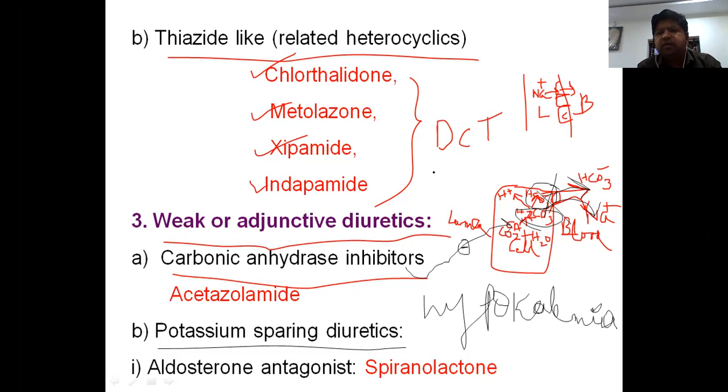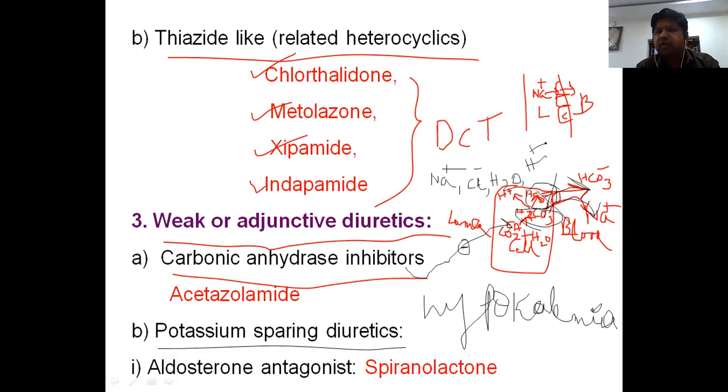First you should understand which ions' excretion is facilitated by diuretics. By using diuretics, sodium will be excreted out, chloride will be excreted out, Cl minus. Water, H2O, will be removed, and along with that, even H plus ion will also be excreted.